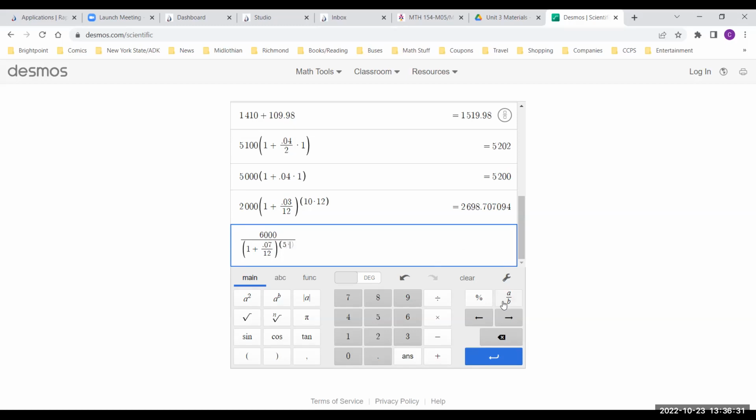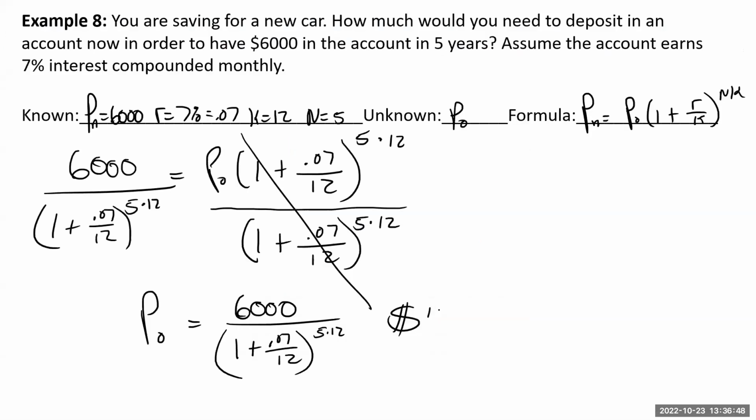It's 5 times 12. Close it up. And we've got $4,232.43. Okay, so let's go ahead and record this in our notes. So we've got $4,232.43. All right, so there's example 8.